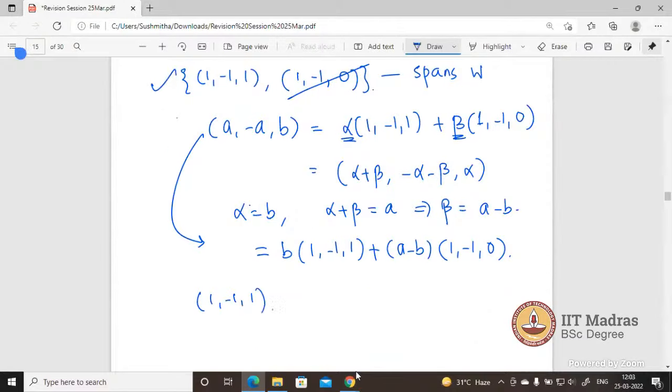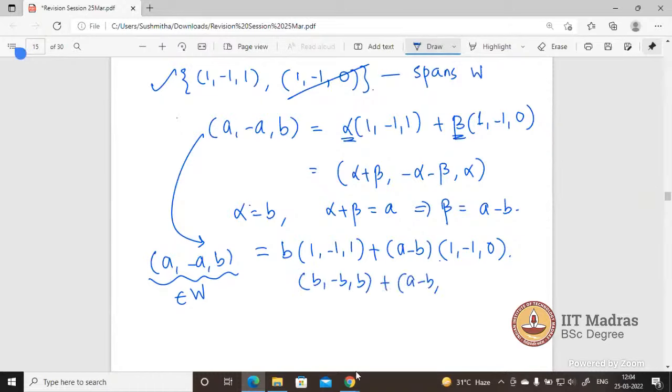Ma'am, I did not get the line you have written, B and A minus. Do you agree that any element in W looks like this? Yes, ma'am. Do you agree that this vector (A, -A, B) is equal to this? Just simplify the right hand side. This is B minus B, B. This is A minus B minus A plus B, 0.